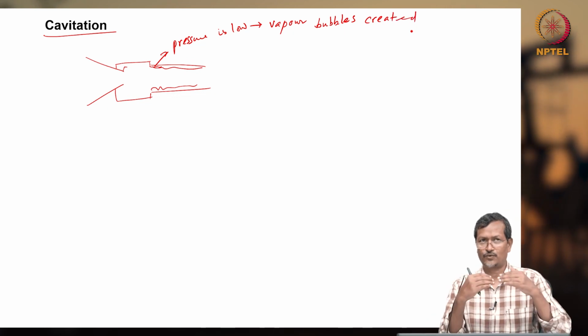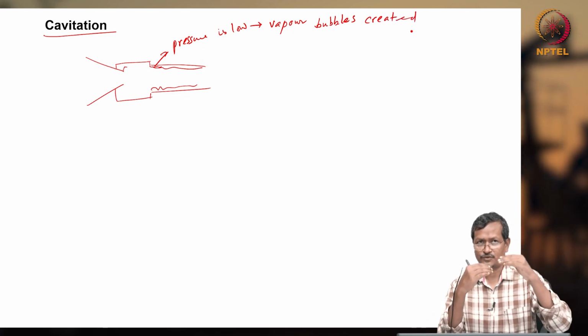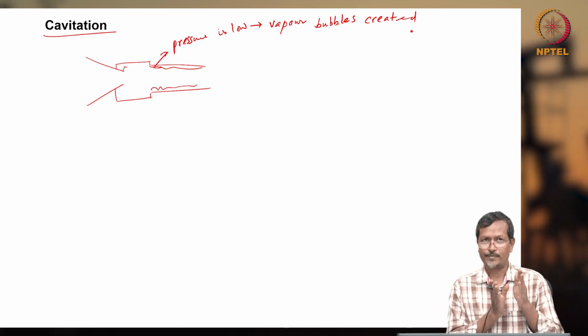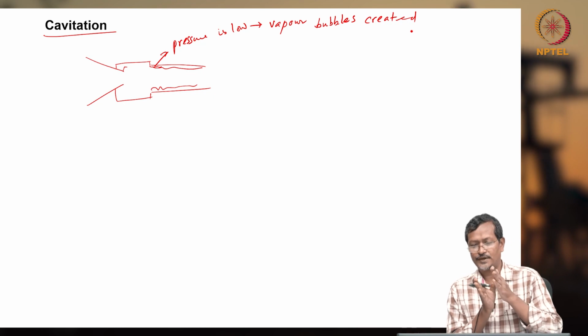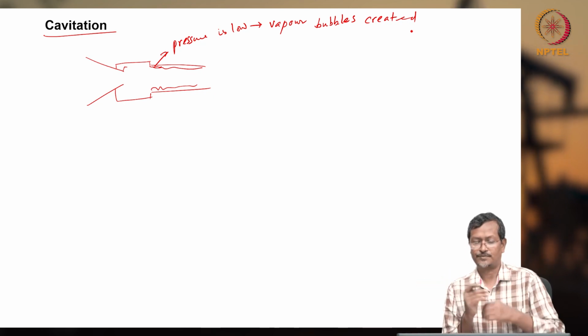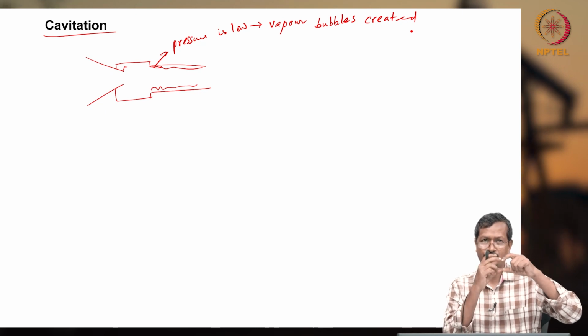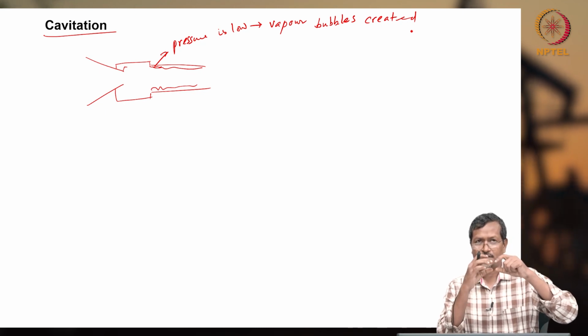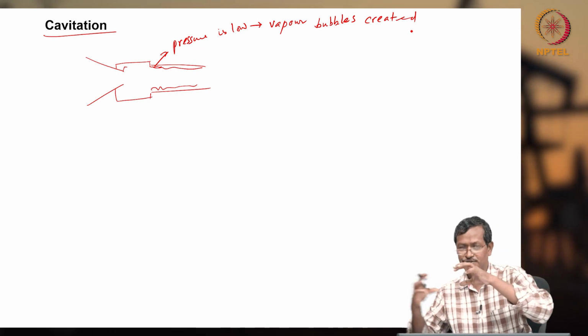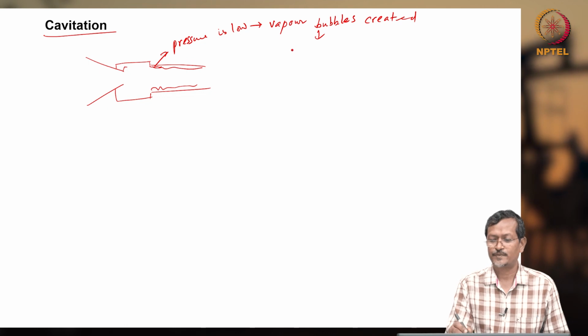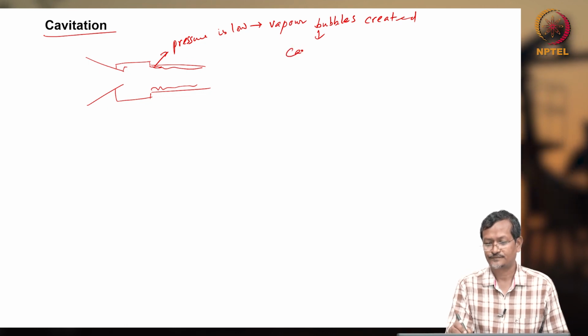When pressure goes down while it is trying to suck, bubbles will be created. Then slowly the pressure will try to increase, because near the jet or nozzle entry the pressure is low, then fluid enters, and now pressure will be increasing again. When pressure increases, what will happen? The bubbles will collapse.